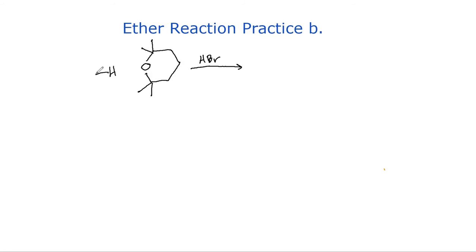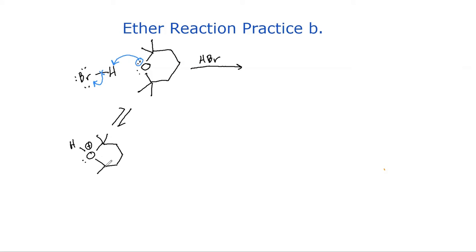The first thing that we're going to do, of course, in any reaction involving a strong acid, is have the acid do the acid thing and donate a hydrogen to our ether. So our HBr gives up a hydrogen, and that protonates our oxygen. The reason that we're doing this is to make that oxygen a good leaving group.